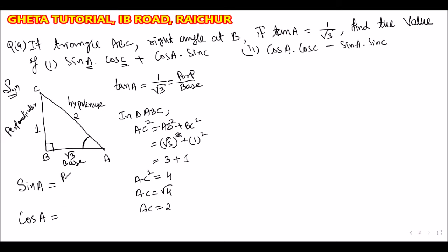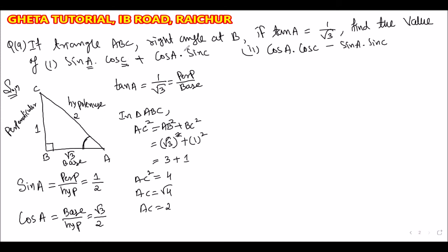Sin A is perpendicular divided by hypotenuse, so 1 divided by 2. Cos A is base by hypotenuse, so root 3 divided by 2.